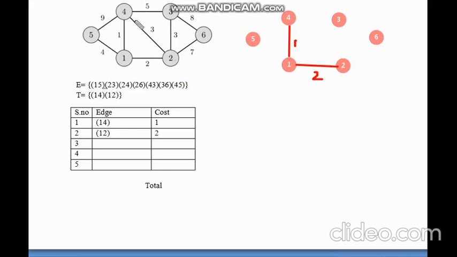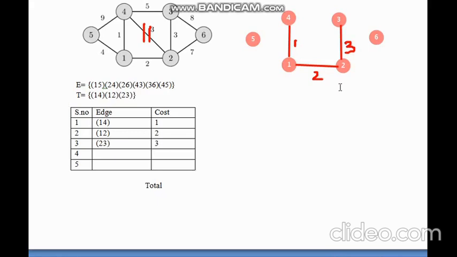If I take 2 to 4, it forms a cycle, so discard it. Then 2 to 3 is possible, right? So the edge is 2 to 3 with cost 3, and 2 to 3 is not forming a cycle, so remove it from E, add it in T, and take 2, 3 as the third edge with cost 3.